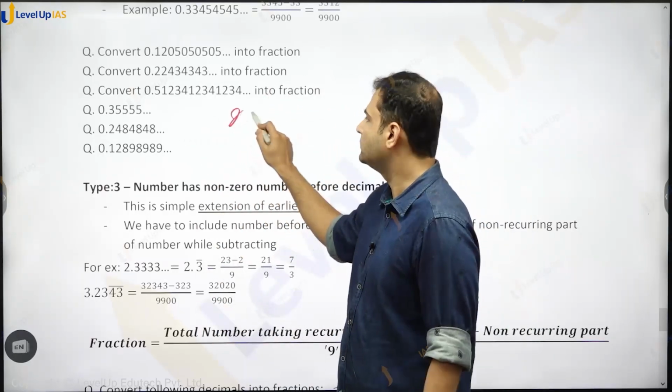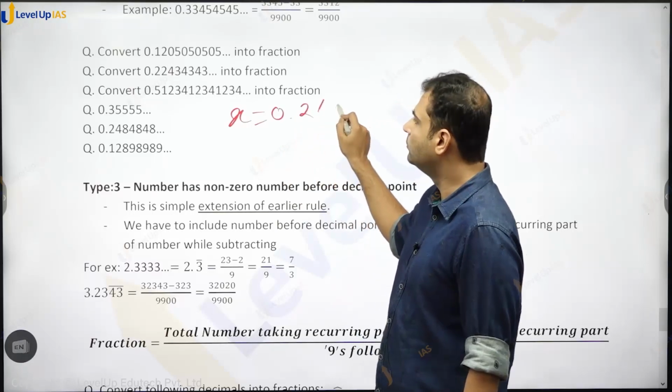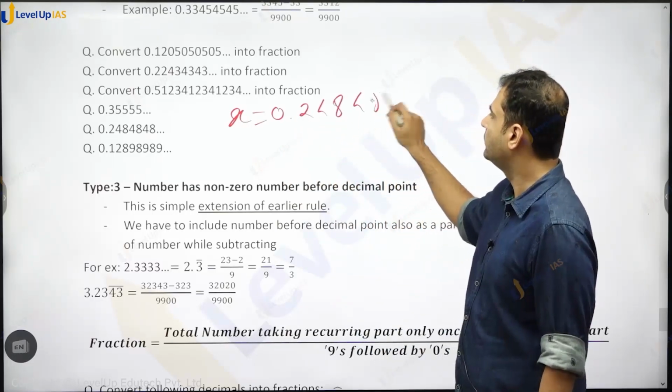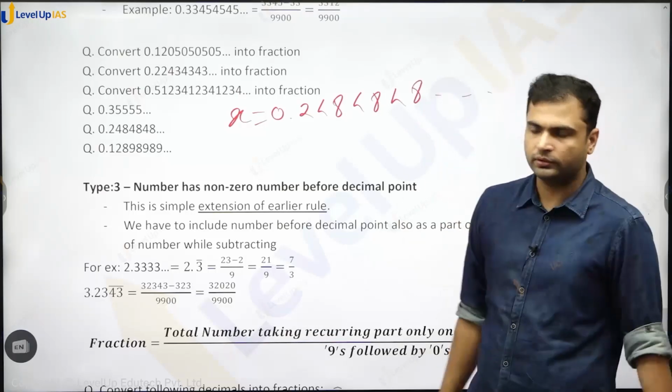Let us see like this, x is equal to 0.2484848 and so on.